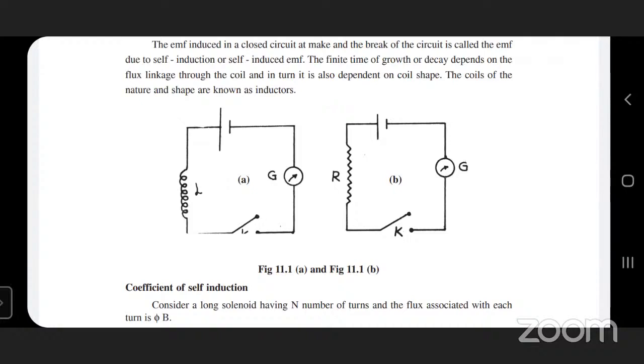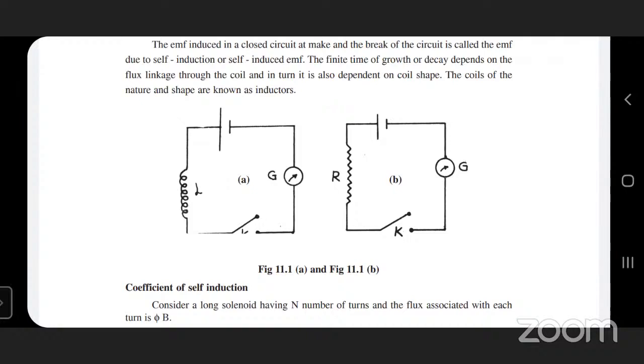So what do you observe from these two figures? You can easily observe that one figure contains the inductor, which is a coil, and the other consists of a resistor. Somewhat, you have to imagine which circuit is going to offer more current. In which circuit can you easily measure the maximum current allowed through the components?